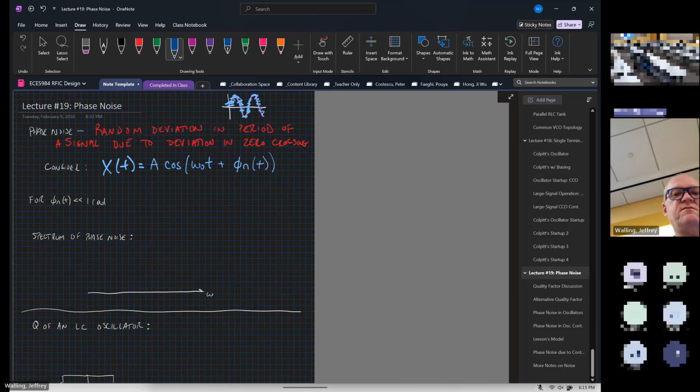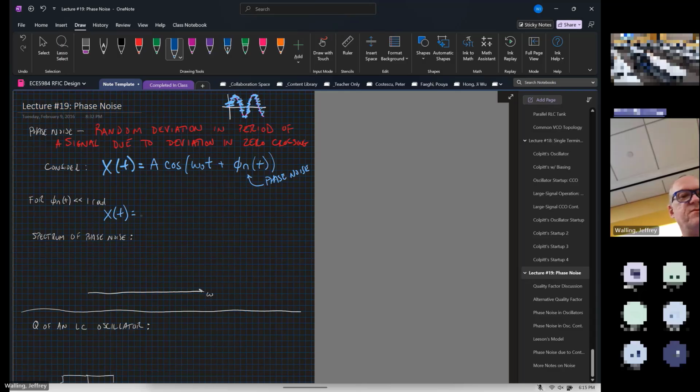And this term is our phase noise. Now, we're going to consider that hopefully the deviation, that phi sub n of t, is small. In fact, we're going to say that it's much, much less than 1 radian. So very tiny. And if we do that, we can make the following approximation for x(t).